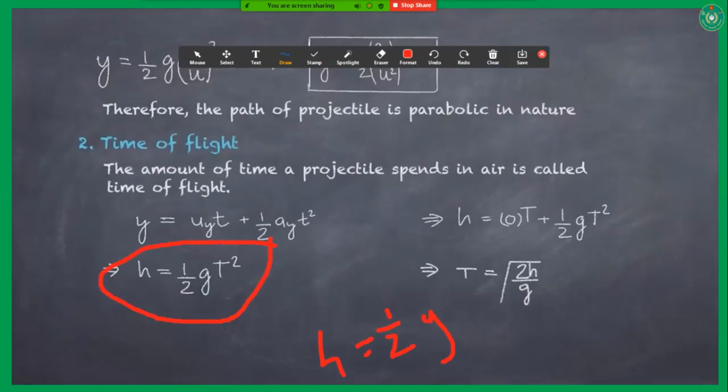This t is replaced here by capital T because it is related to the time of flight. That's why we get capital T is equal to root over 2h divided by g.